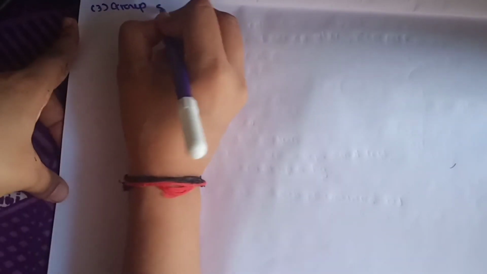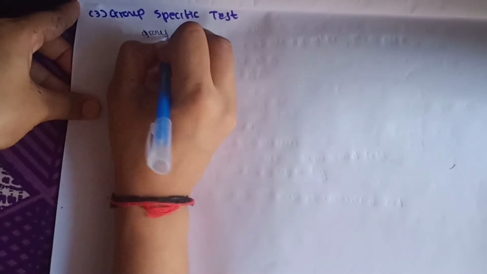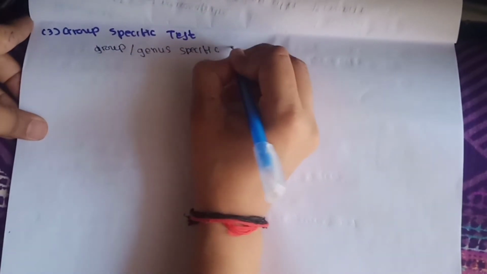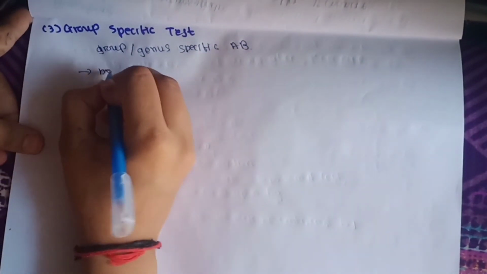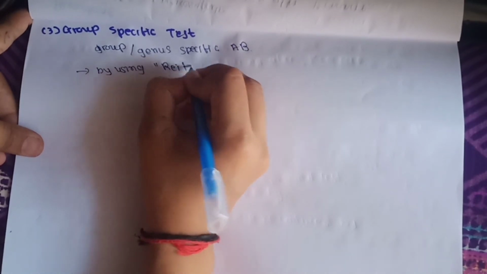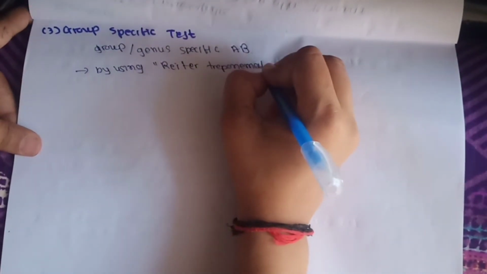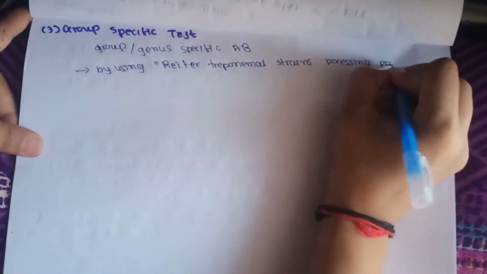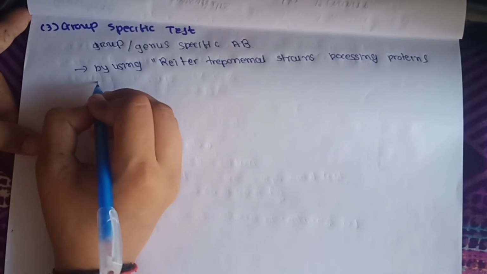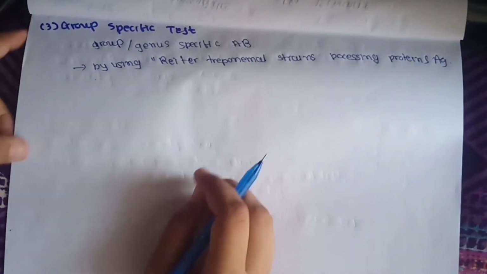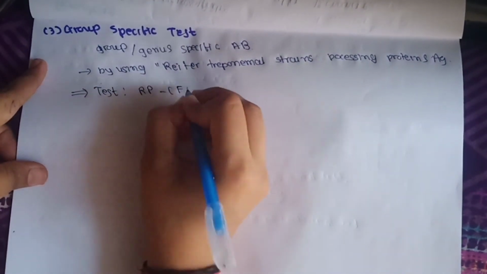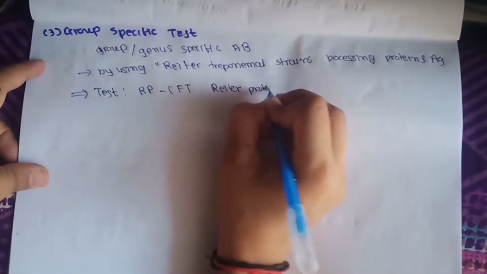Now have a look at the group specific test, which is specific to all the treponemes. In this, we detect the group or genus specific antibody by using the Reiter treponemal strain possessing protein antigen, which is present in all the treponemes, and the test is called Reiter protein complement fixation test, RPCFT.